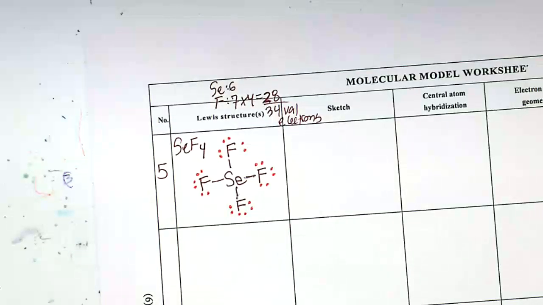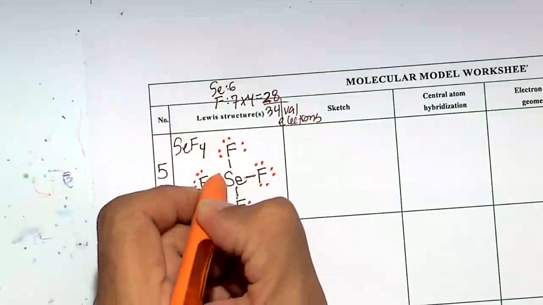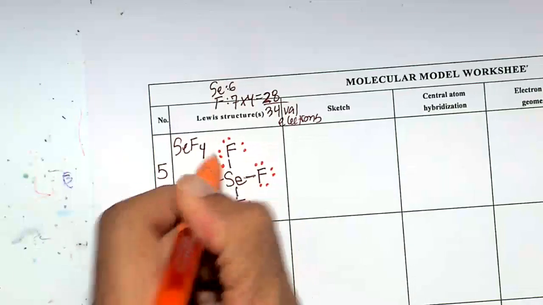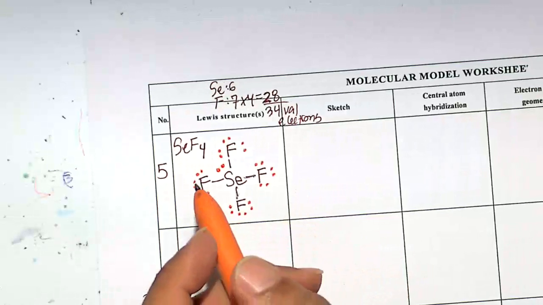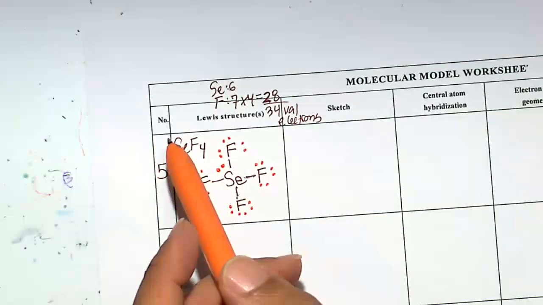Where will 33 and 34 go? Very good, around the Se. So that is the structure of selenium tetrafluoride.